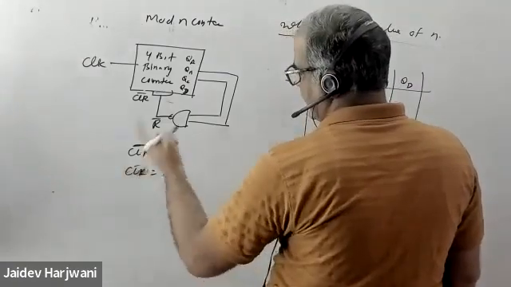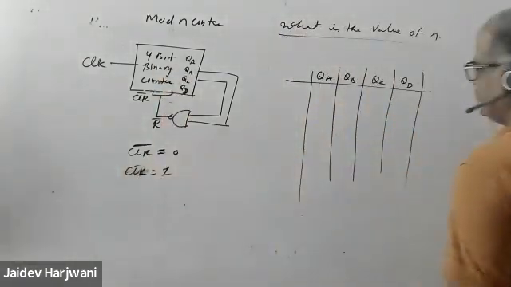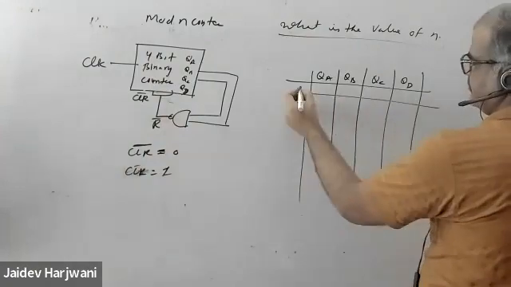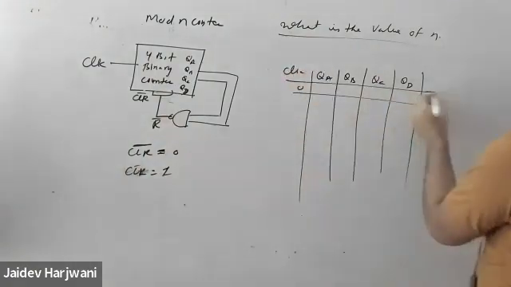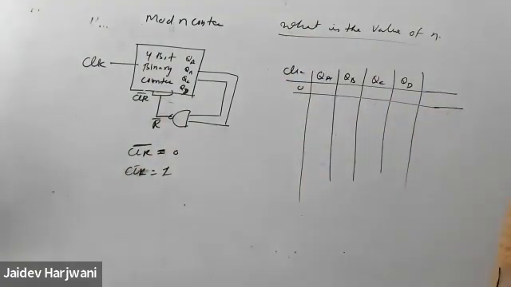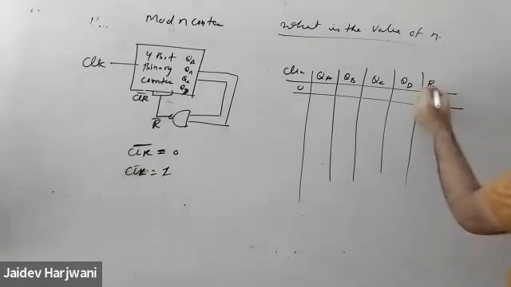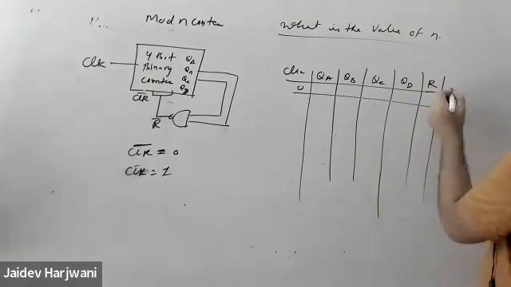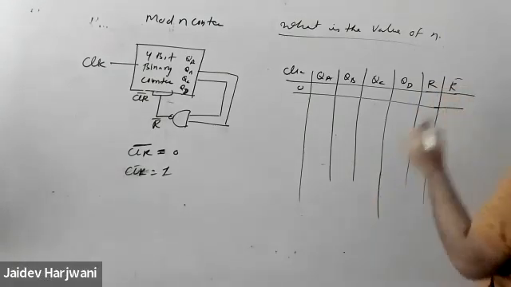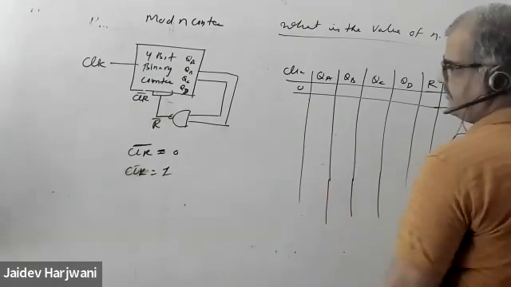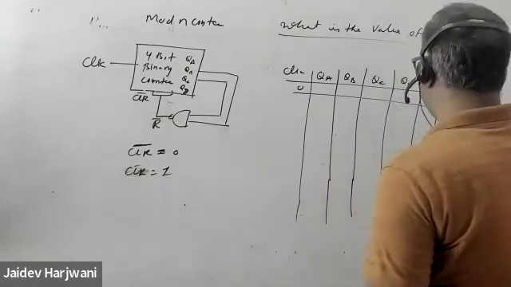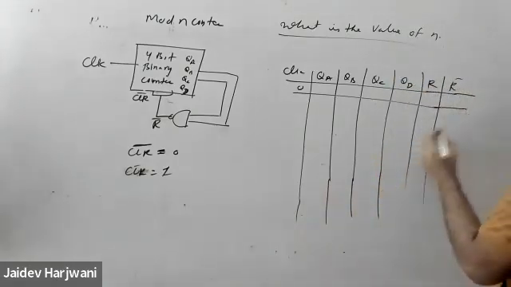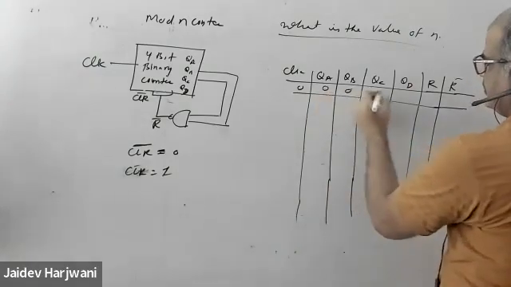That means it will make the state 0 0 0 0. So this is my clock. Say this is my value of R and value of R bar. R bar value should be 0, then it will reset.